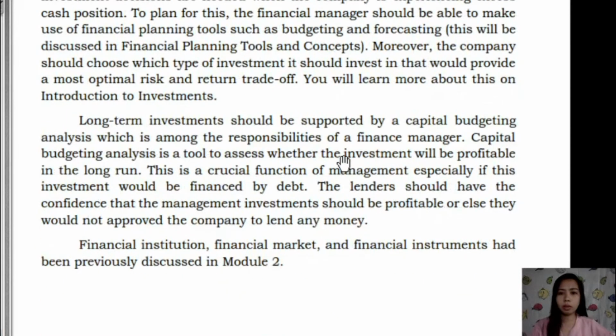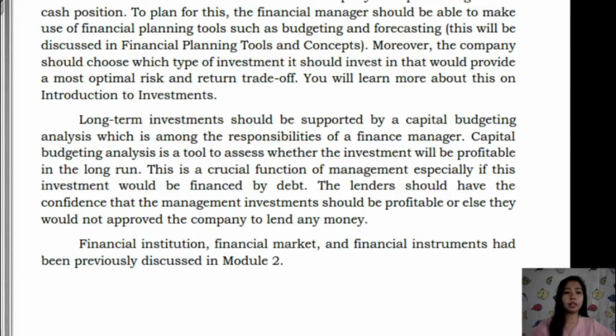Okay, let's talk about long-term investment. It should be supported by capital budgeting analysis, which is a responsibility ng financial manager natin. Si capital budgeting, i-assess niya kung yung magiging investment nila for the long term, magiging profitable pabalik sa company. So this capital budgeting analysis could be used to assess if the investment will be profitable.